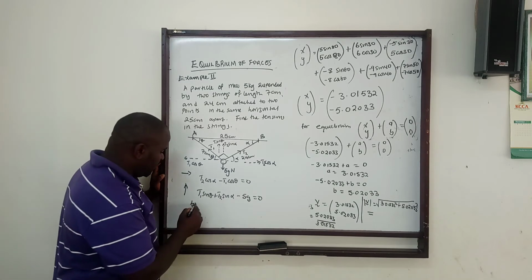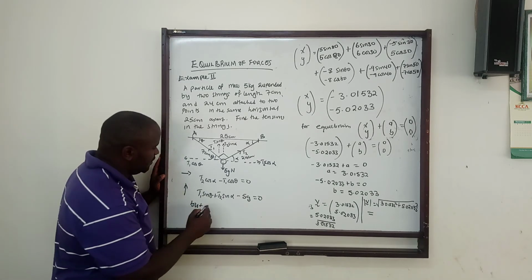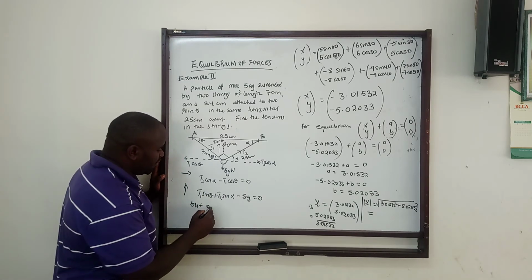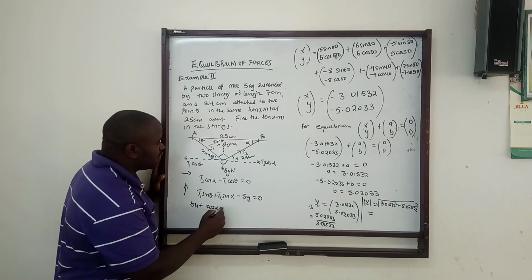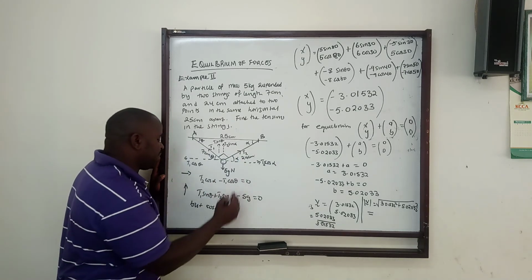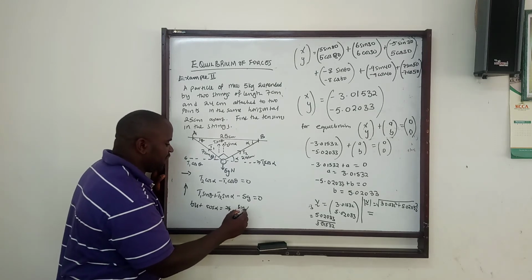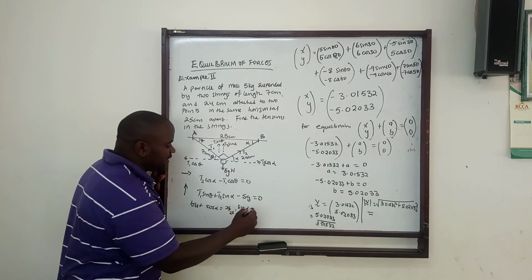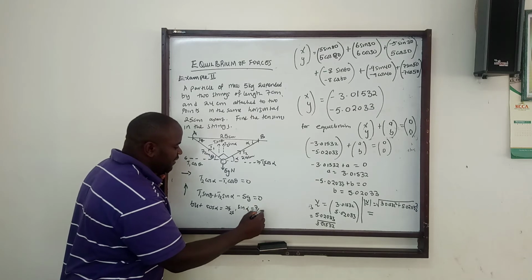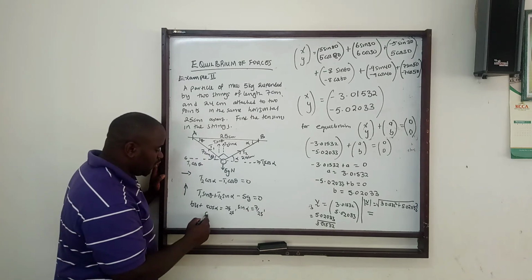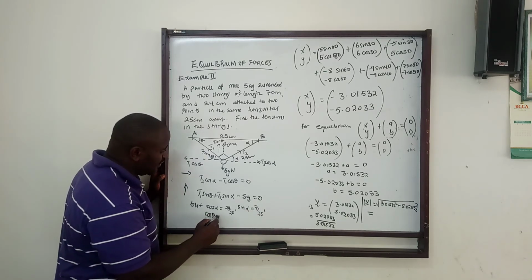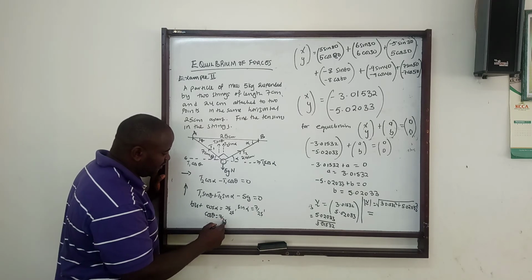But you can get these trigonometrical ratios. For example, cos alpha is equal to adjacent over hypotenuse, which is 24 out of 25. Sine of alpha is opposite, which is 7 out of 25. Then also we can get cos theta, which is 7 out of 25.